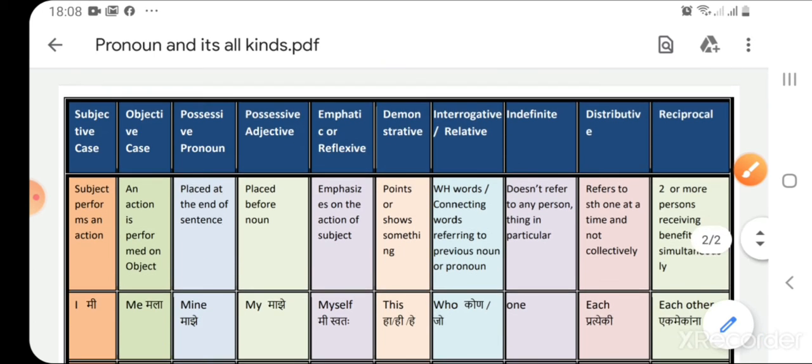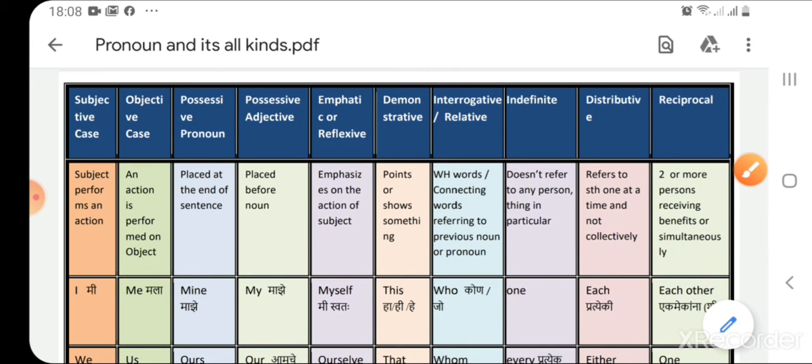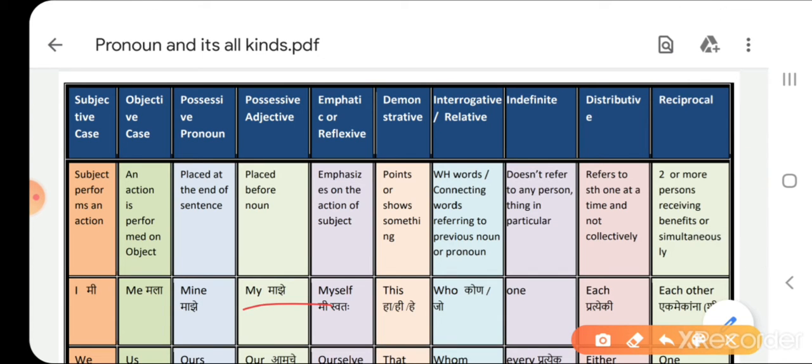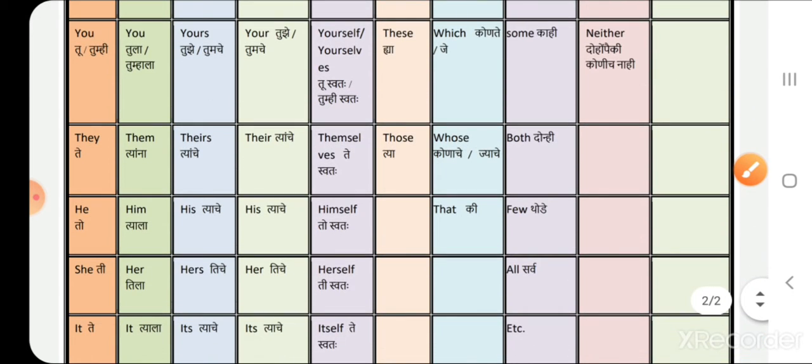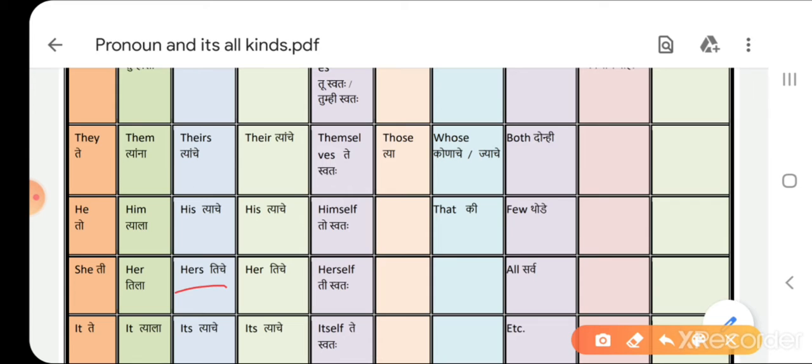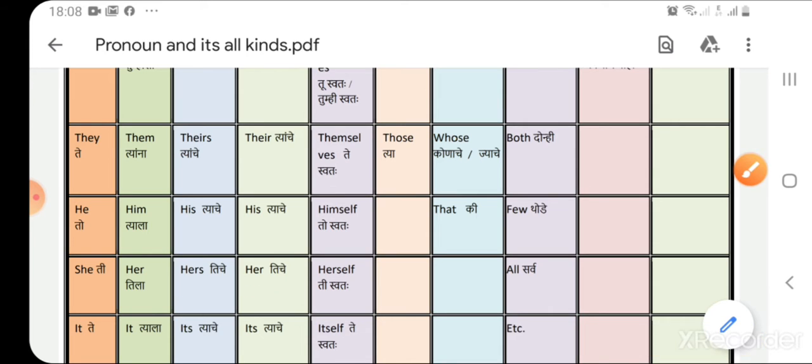If we use the possessive adjective, the sentence becomes this is my pen, and in possessive pronouns we say this pen is mine. Mine is at the end of the sentence. Another example: that car is hers, and in possessive adjective we use that is her car. That is the difference.